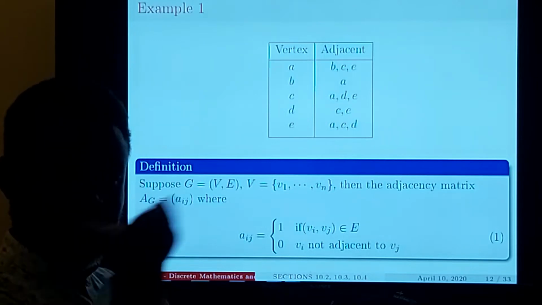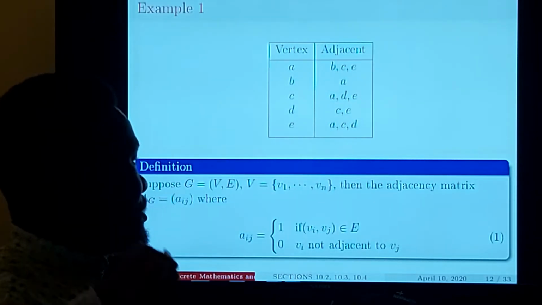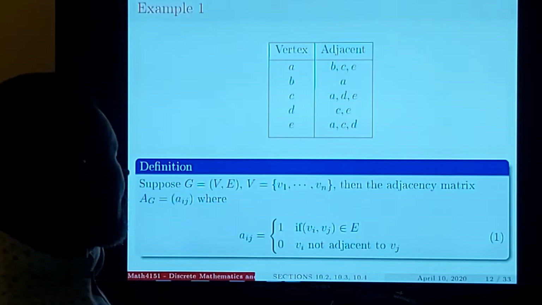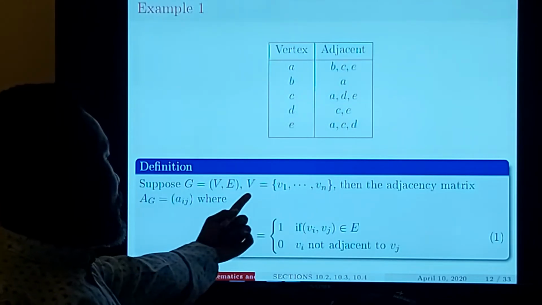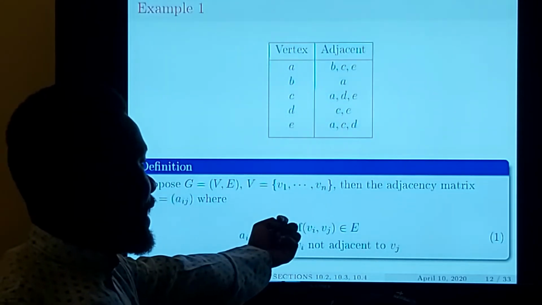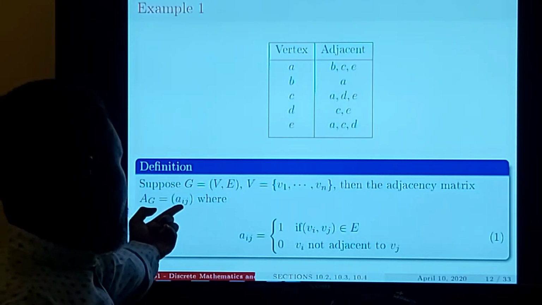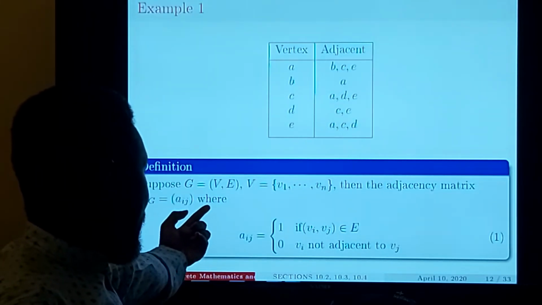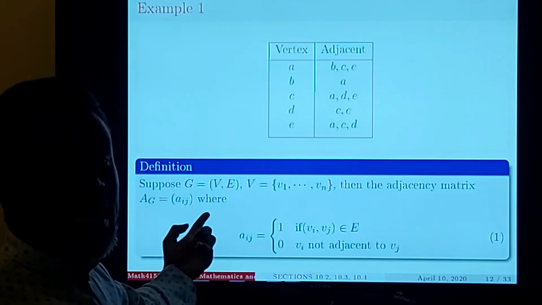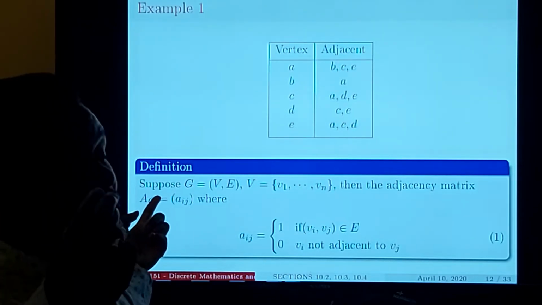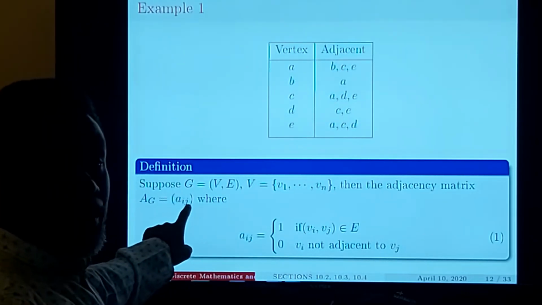Rows are like this, and columns are like that. So, straight away go to the definition. Suppose G is a graph with vertices V1 up to Vn. Then the adjacency matrix denoted by A_G equals [a_ij], where a_ij, well, remember what a_ij is in a matrix? It means the entry in the ith row, jth column.